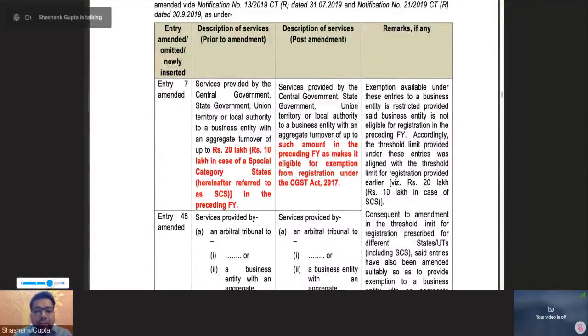So by putting these words, what they have done is that for special category states, it will be the reduced limit. For service provider, it will be 20 lakh. For supplier of goods, it will be 40 lakhs.